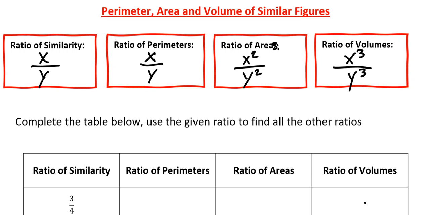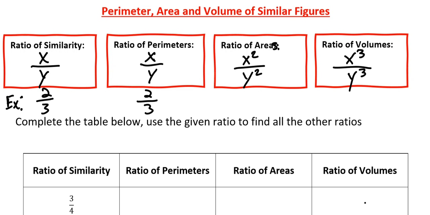So I'll just give you a simple example, one example for each one. If I gave you a ratio of similarity of 2/3, then the ratio of the perimeters, according to our similarity ratios here, would be the same. It would still be 2/3.